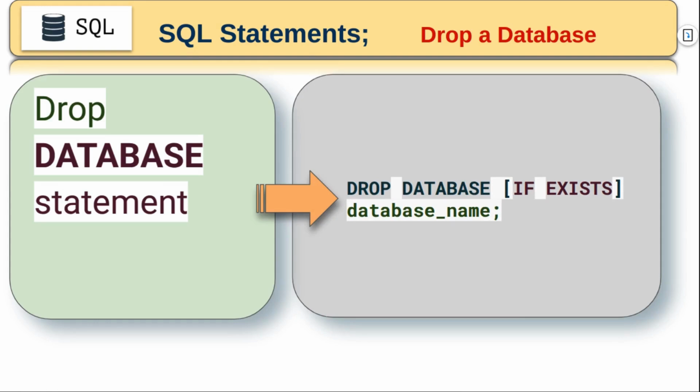If you drop a database that does not exist in the server, MySQL will issue an error. To prevent this error from occurring if you delete a non-existing database, you can use the IF EXISTS option.